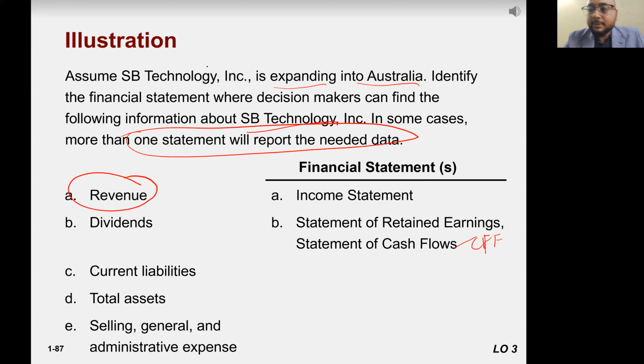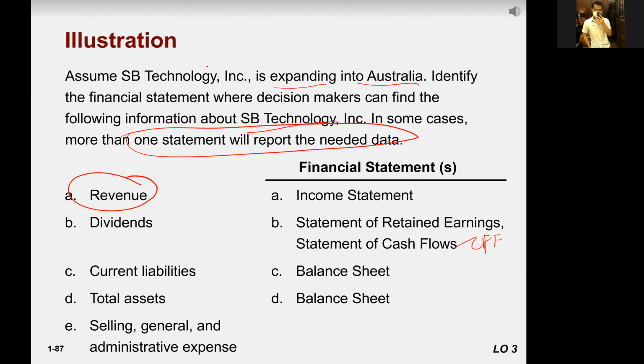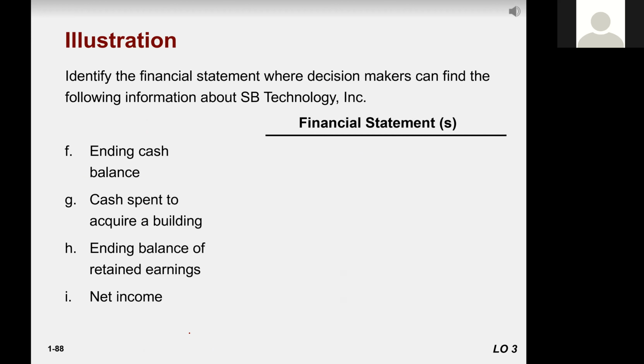Current liabilities: balance sheet. Well done. Total assets: balance sheet. Well done. Selling and administrative expenses: income statement. Expenses, of course, appear in only one statement that reports revenues, income and expenses, that is the income statement. Ending cash balance, where can we find it?